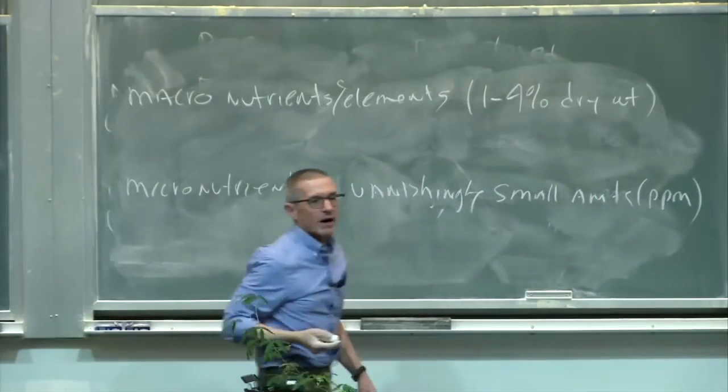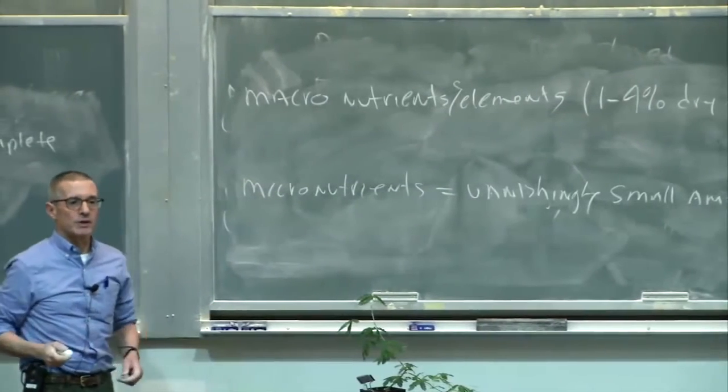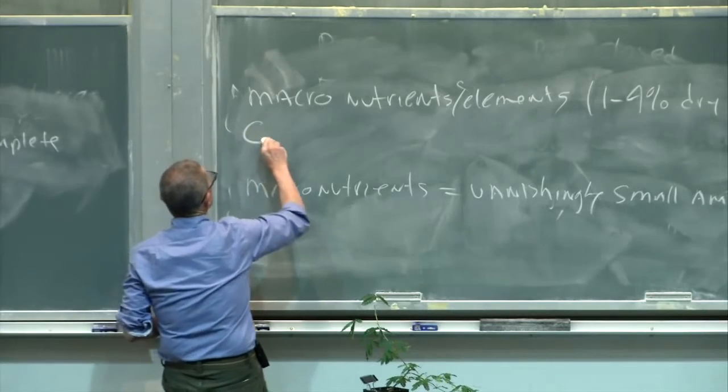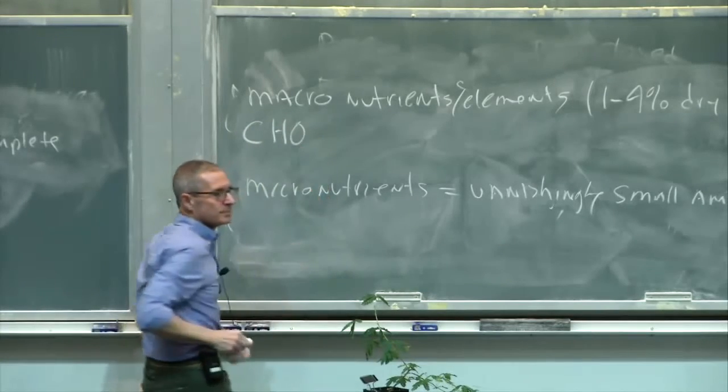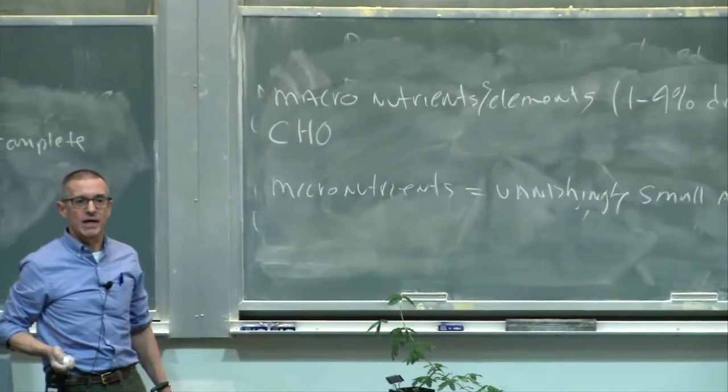Now let's talk about what elements fall into the macro and micronutrients, the ones that are required for the plant to complete its life cycle. There's carbon, hydrogen, and oxygen, which are the ones that we talked about the very first mention of plants in the algae.